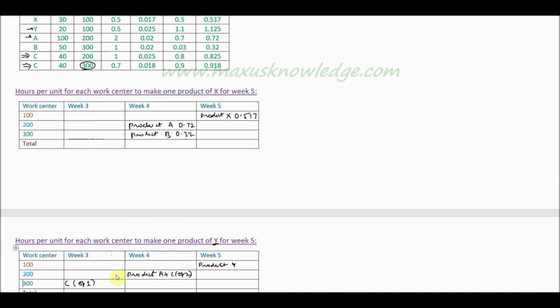Now let's determine the hours required for each operation. Now for product Y, the operation time required is 1.125 hours. So this is simple, 1.125. For product A, it is 0.72. And product C, that is op 2, it is 0.825.